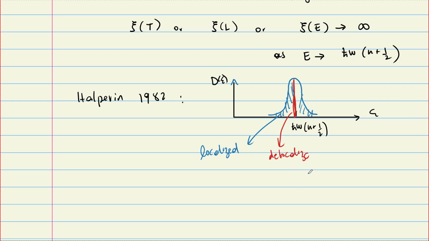And suppose this is my Fermi level, this green line. If my Fermi level is in the localized regions, that's an insulator, which means sigma xx is 0, and sigma xy, which is what we calculated, is quantized. As I move the Fermi level, it doesn't change, because I'm still in the insulating region.